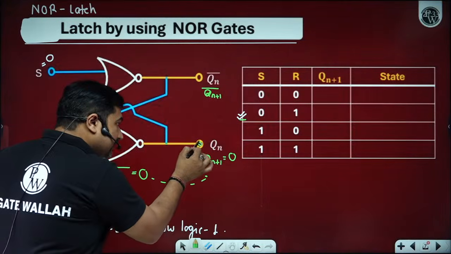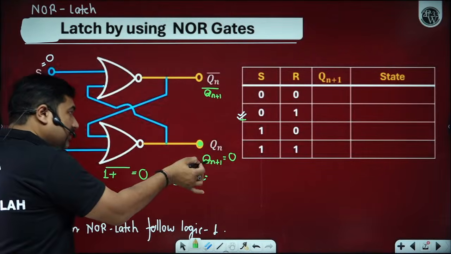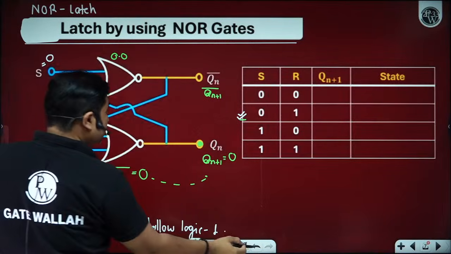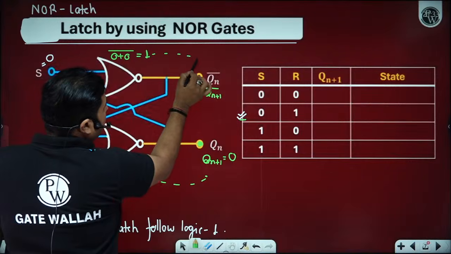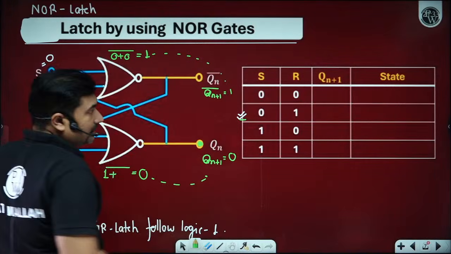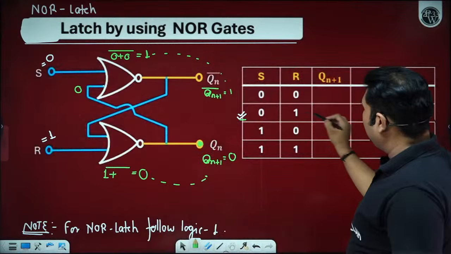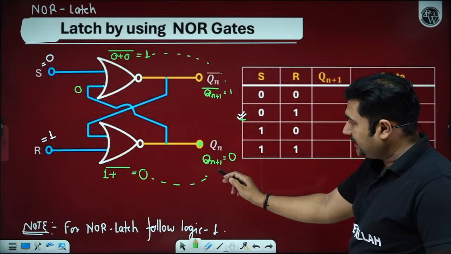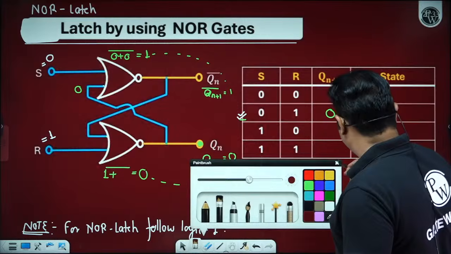We are observing the next state at this particular port, so we are getting 0. Now this 0 will come here. 0 plus 0 is 0. Its complement will become logic level 1. So we are getting 1 here. Is it okay? Yes, sir. So Qn plus 1 is 0 for S is equals to 0 and R is equals to 1.